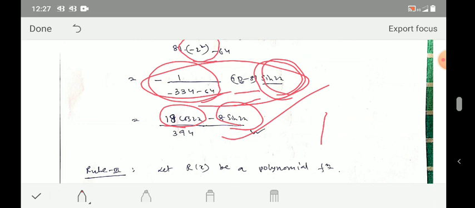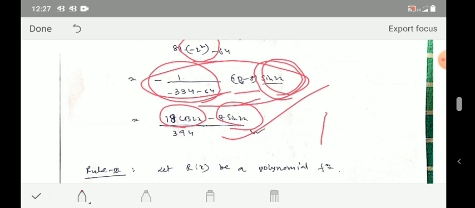Then we will multiply the numerator and denominator so that the denominator becomes a function of D squared. Then the problem is solved.